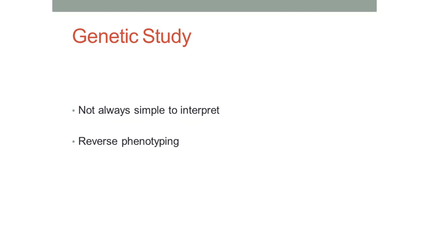But it's not always easy to interpret genetics. Sometimes we get weird reports which do not relate with phenotype. Sometimes we end up doing reverse phenotyping, where we get a report and then start looking into the patient to see if we have missed some phenotypical findings.